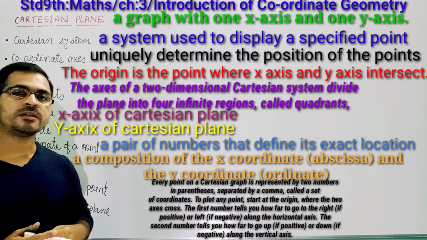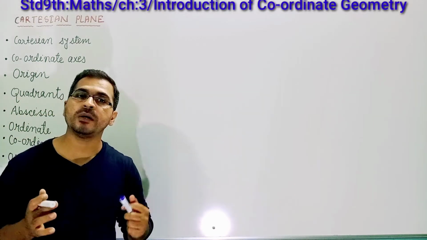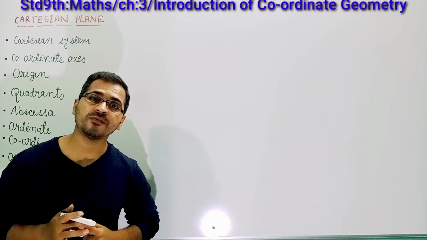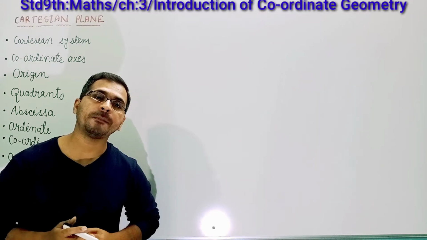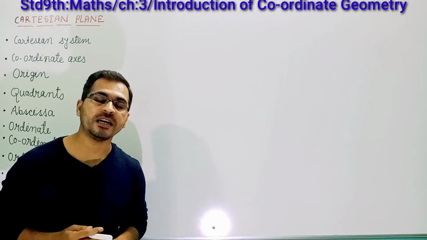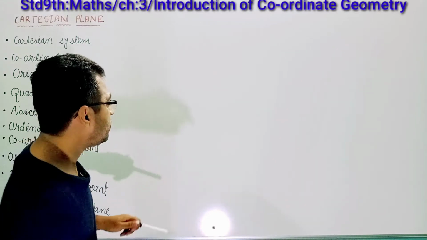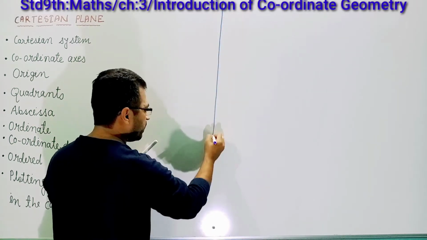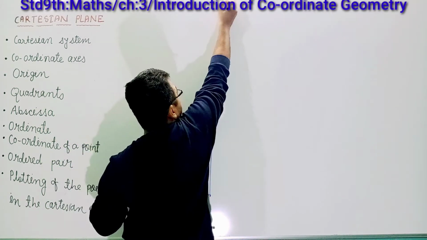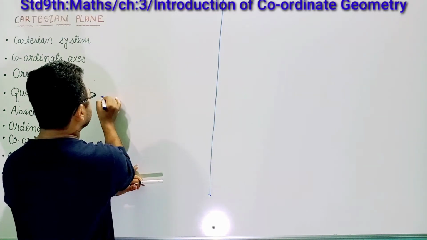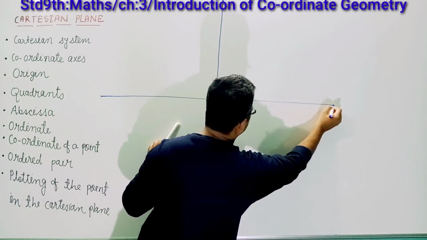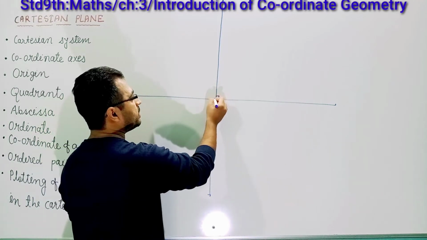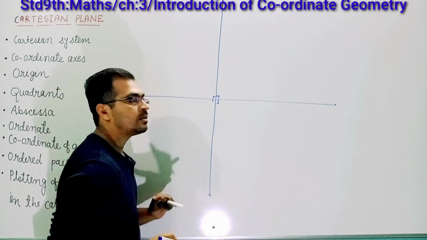Students, the plane which is formed by two perpendicular lines which intersect each other. So let us see with an example. Suppose these are two perpendicular lines which intersect each other, right students?